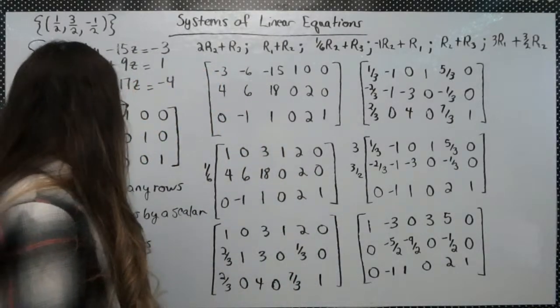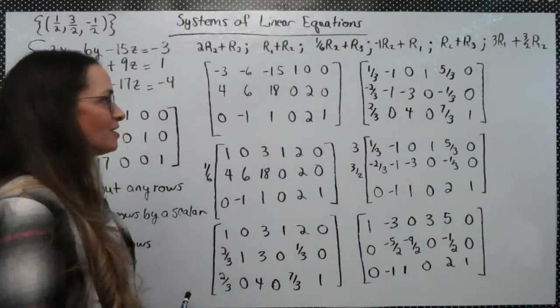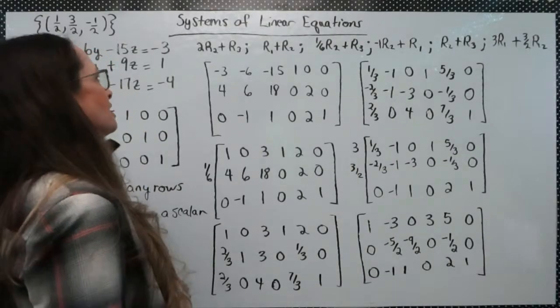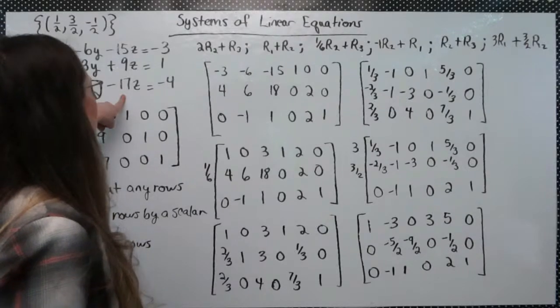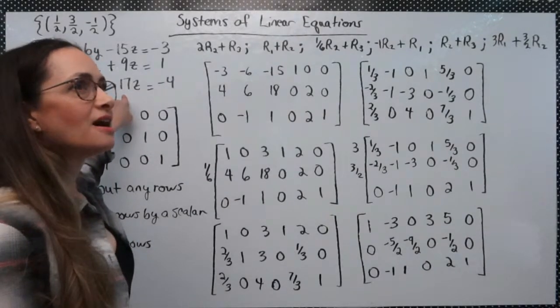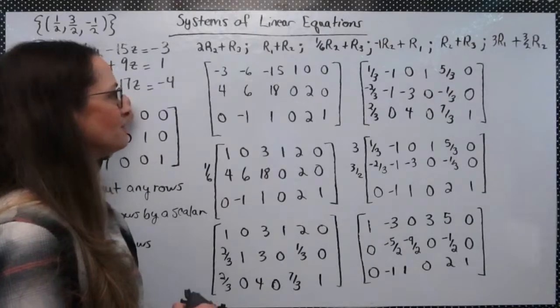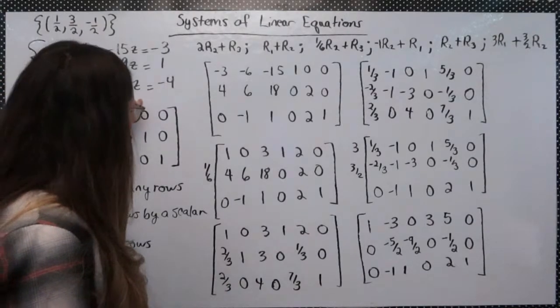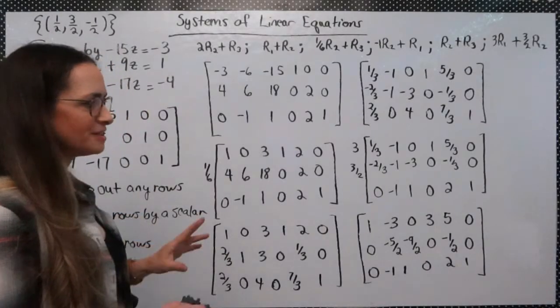Anyway, I am working on systems of linear equations, and I'm using this system right here that we used last week. I solved it by finding the inverse, and this time I'm using a very similar method.